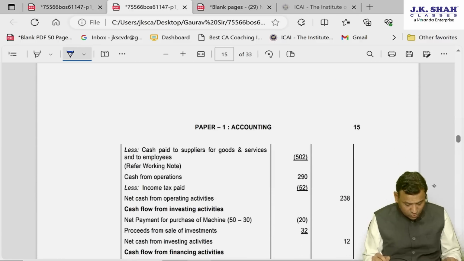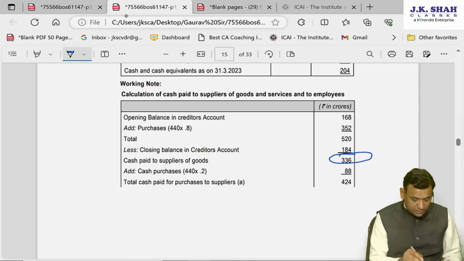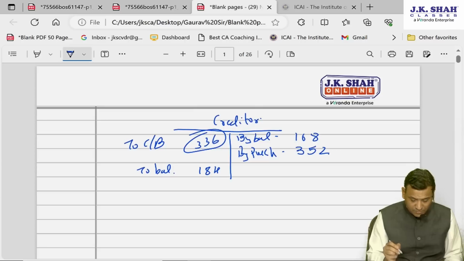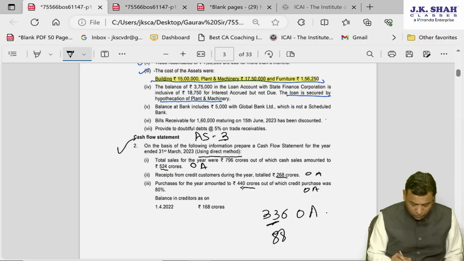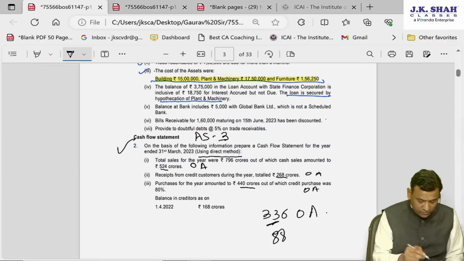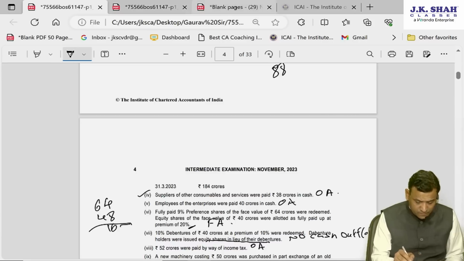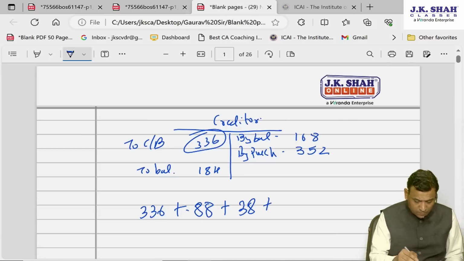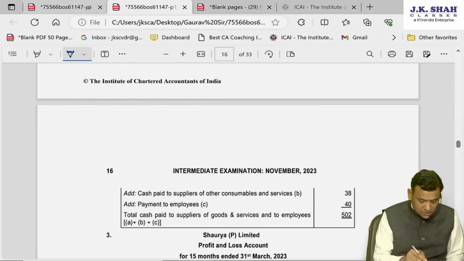This has been given together only, as a working note. So cash paid to supplier was 336. Look here, this is what we had found out by preparing the supplier's account. 336 plus what you have paid, 440 crores into 20%, which is nothing but 88, plus we have also paid creditors for consumables 38 crore, and again payments to employees 40 crores.